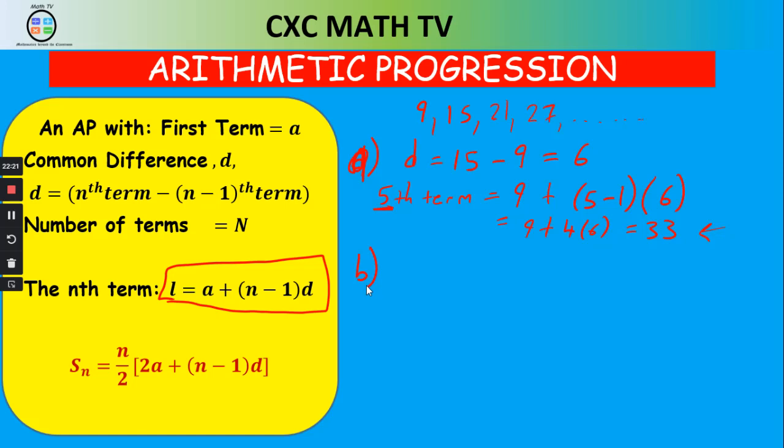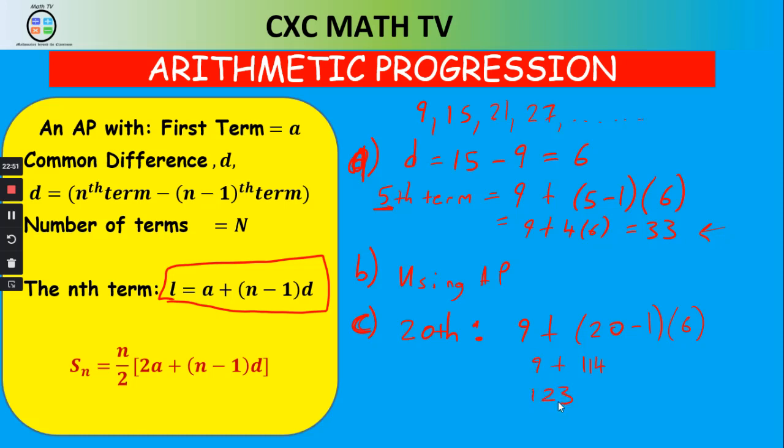Part B, how did we get our answer? Using AP. Part C now was to explain why 122 was wrong. Now all you'd have to do is use the formula to find the 20th term. Finding the 20th term, you put n as 20. So the 20th term would be 9 plus 20 minus 1 times d, which is 6. Now 19 times 6 is 114 plus 9.